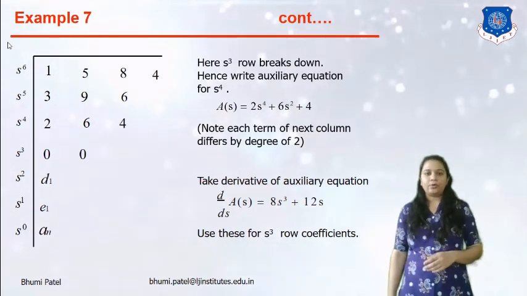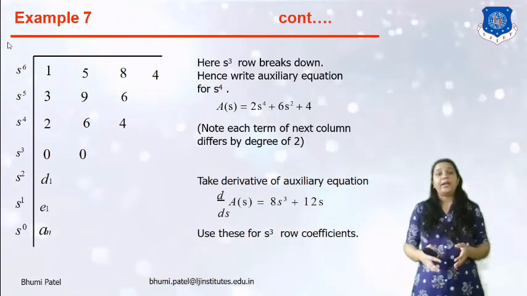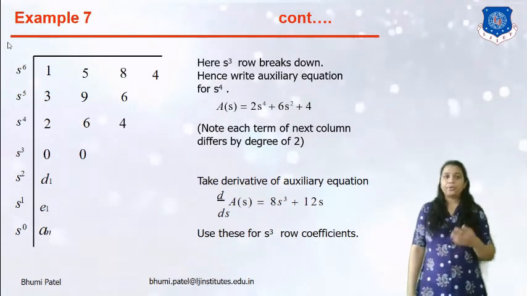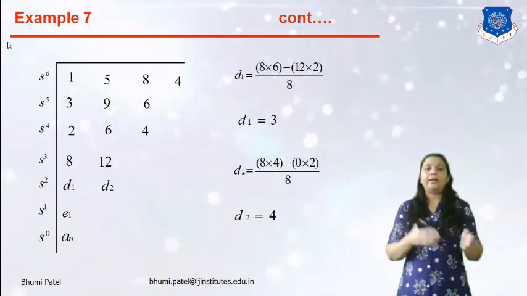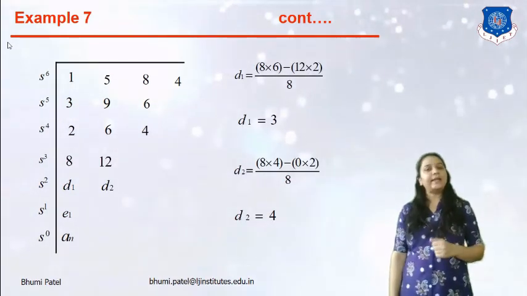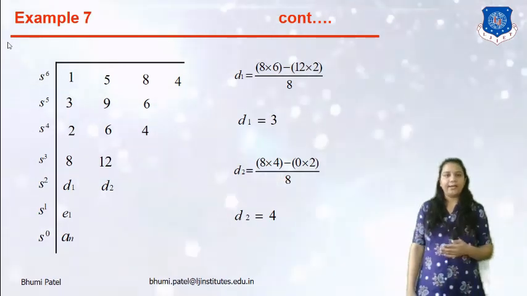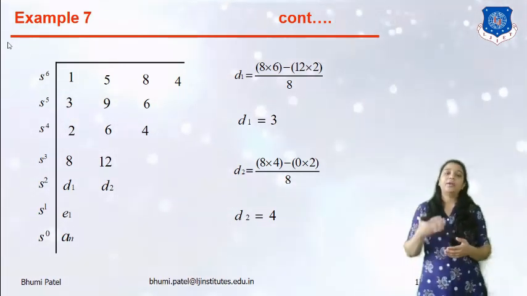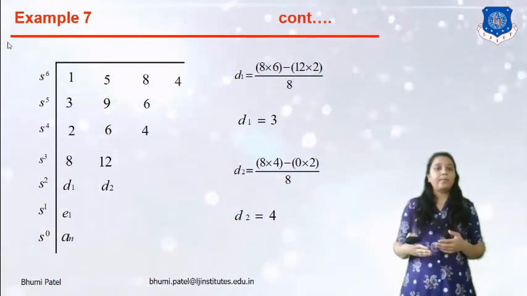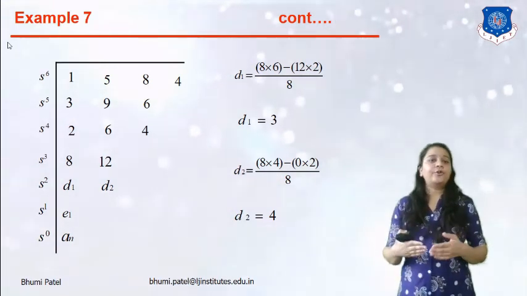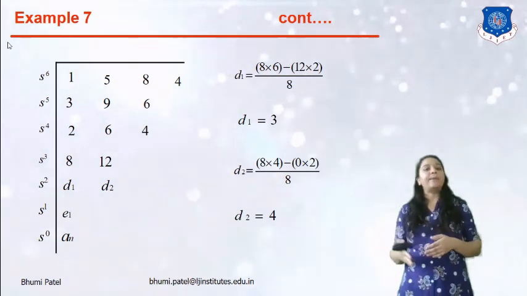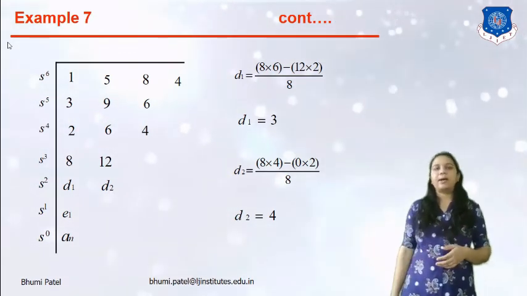So now we have to reconstruct the s cube row and we get 8 and 12. Now the next step is to find the values of d1 and d2. So we consider only the third and fourth rows, and for that we write the equation 8 into 6 minus 12 into 2 divided by 8.